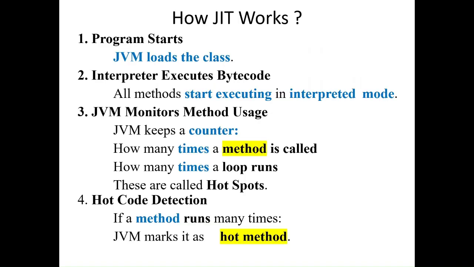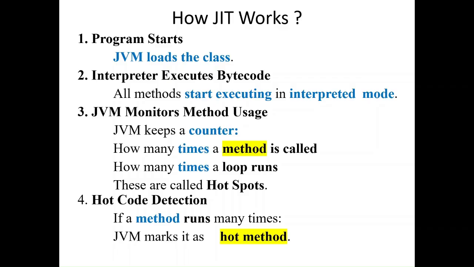How does it work? Generally, the JVM loads the particular .class file whichever is required. That loaded .class file is going to be processed by the interpreter to convert it into the machine-understandable language.